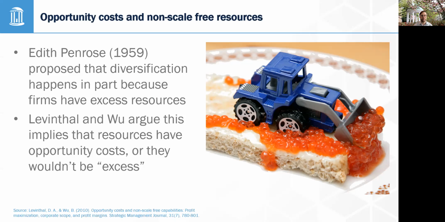You could also potentially rent out half of your factory to some other company to use. So by making a second product, or by just saving the excess capacity for future demand, then you're foregoing rent on that part of your facility. So there are always opportunity costs regardless of what you choose to do with a non-scale-free resource.